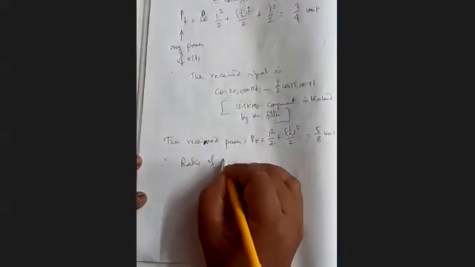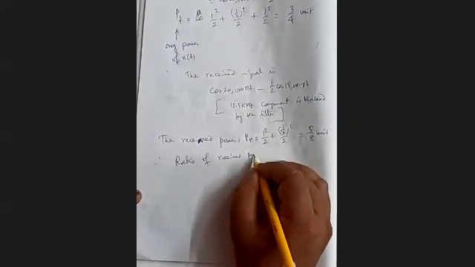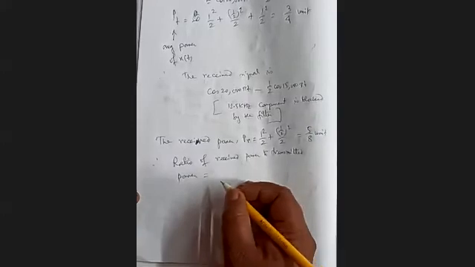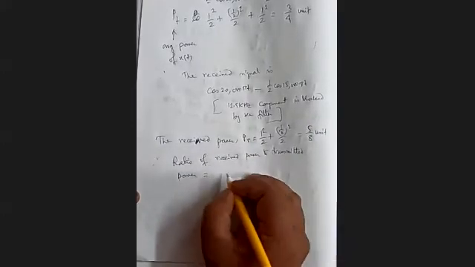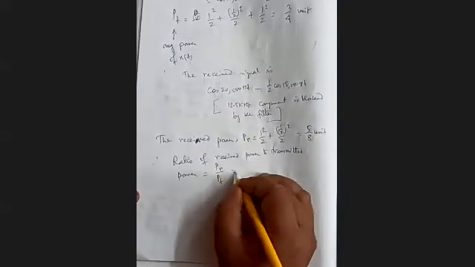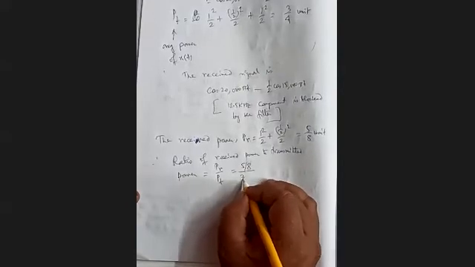So the ratio of received power to transmitted power equal to PR by PT, which is 5 by 8 divided by 3 by 4, which is 5 by 6.